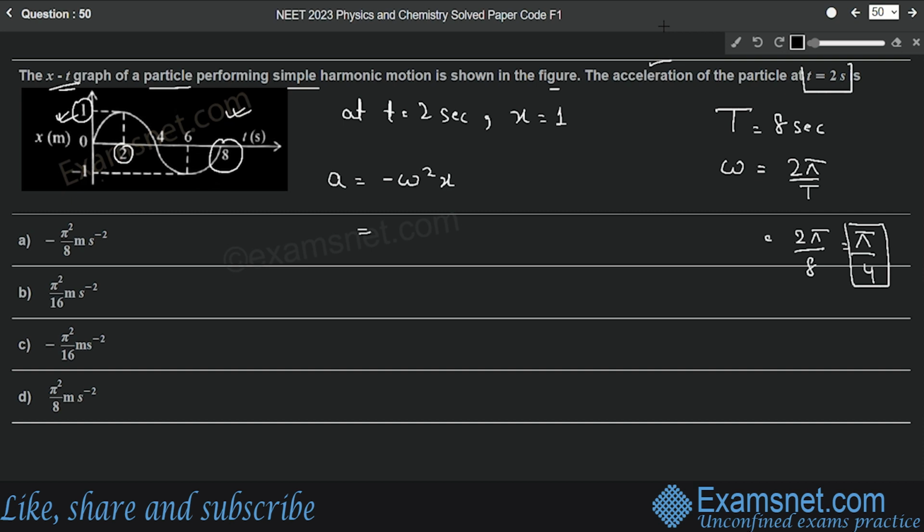So in place of omega, we'll write pi by 4, minus square of pi by 4. And what is the value of x at t equals 2 seconds? It is 1. So the answer will be minus pi square by 16, and the unit is meter per second square for acceleration. That means option C will be the correct answer.